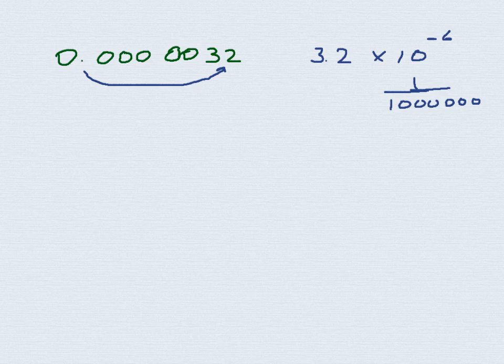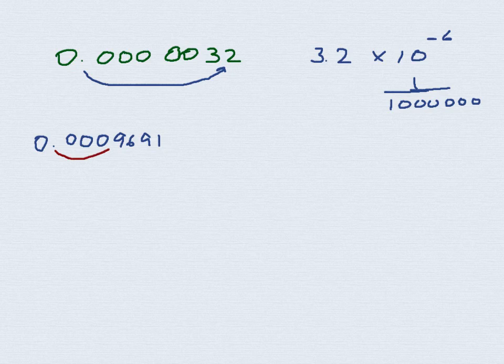Another one, say you had 0.0009691, and you want to write that in scientific notation. Well, it's a small number. You move your decimal to such a position that the number that you make is greater than 1 but less than 10. You wouldn't move it there, that'd be 0.9.